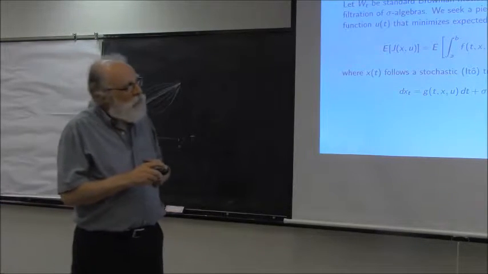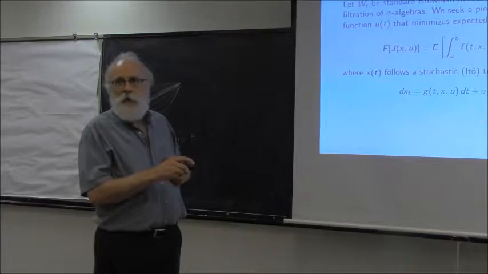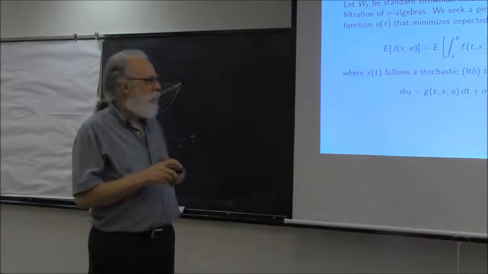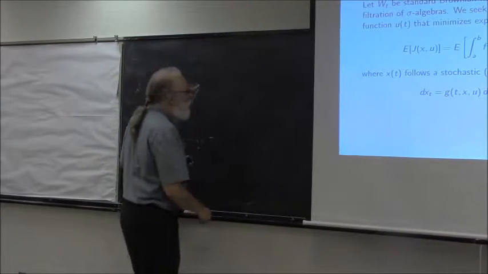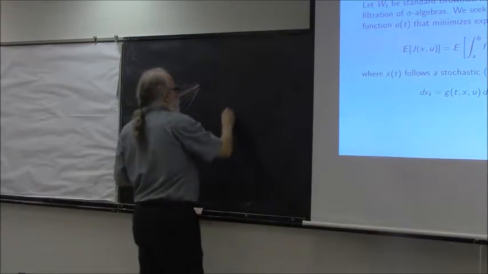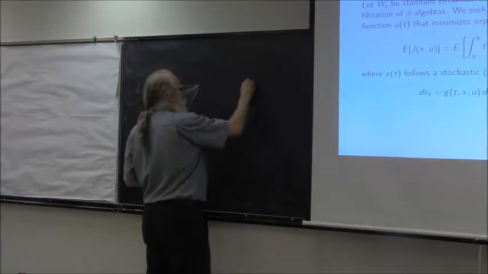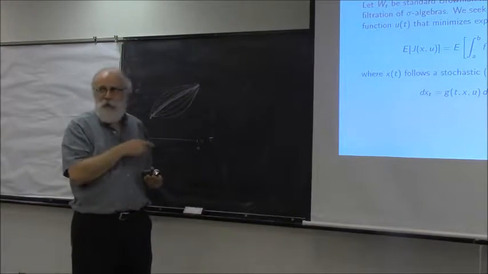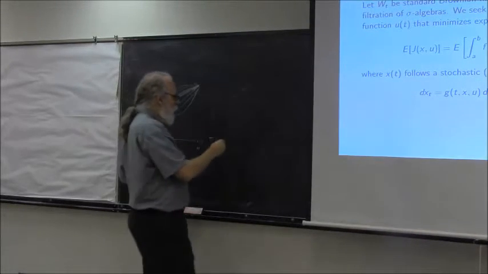But the other part of this is that we might also have noise that's generated by Brownian motion, by some random process. Standard Brownian motion, I can't really draw it because it's nowhere differentiable, but it's constantly wiggling.